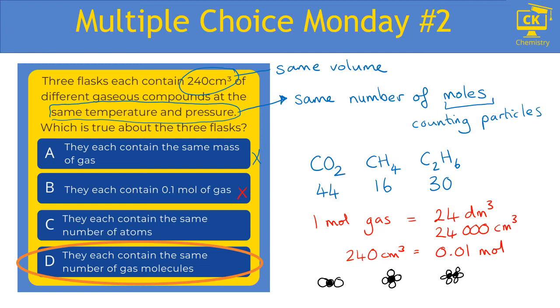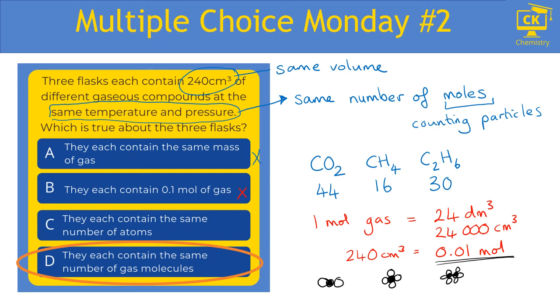One thing you can see there is that when we say they have the same number of moles, let's say for example that it's room temperature and pressure and there's 0.01 moles of gas, that means they have the same number of particles. The smallest particle of all of these compounds is a molecule, which is made of atoms joined together.